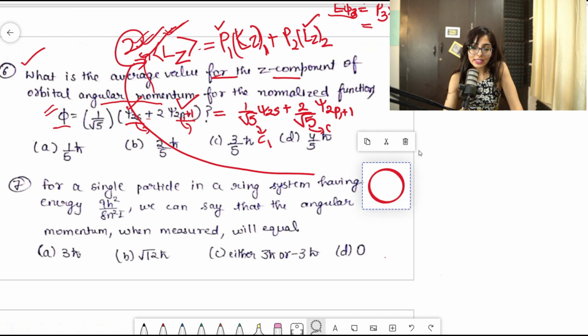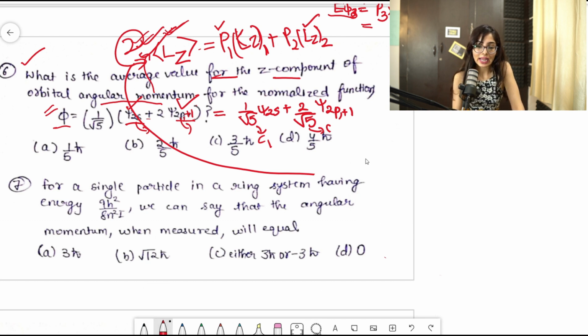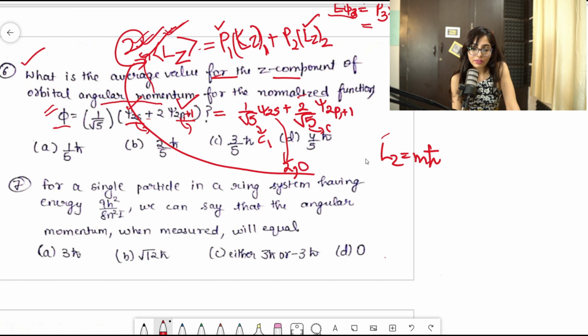You know the basic formula of LZ is m h cut. Clear, guys? This is the basic formula of LZ, that is m h cut. For 2s, the value of n is 2, the value of l is 0 and the value of m is 0. You all know that for s, l value is 0, so obviously m value will be 0.